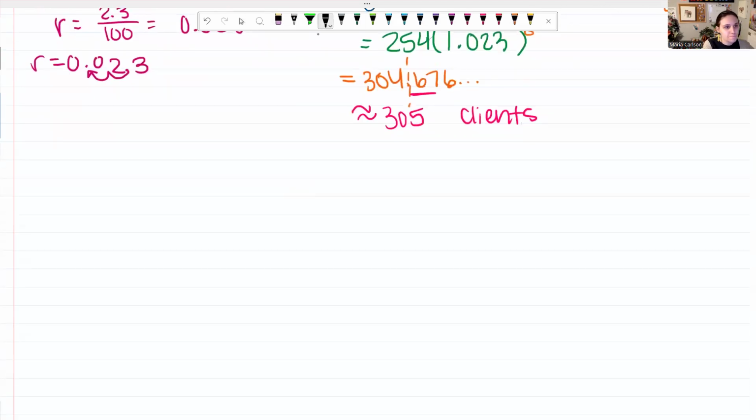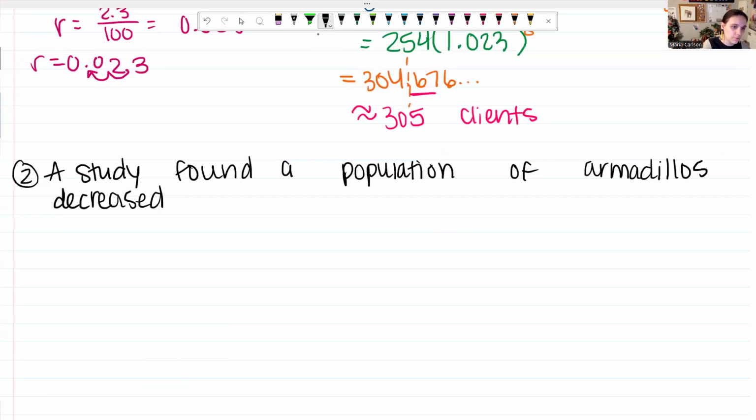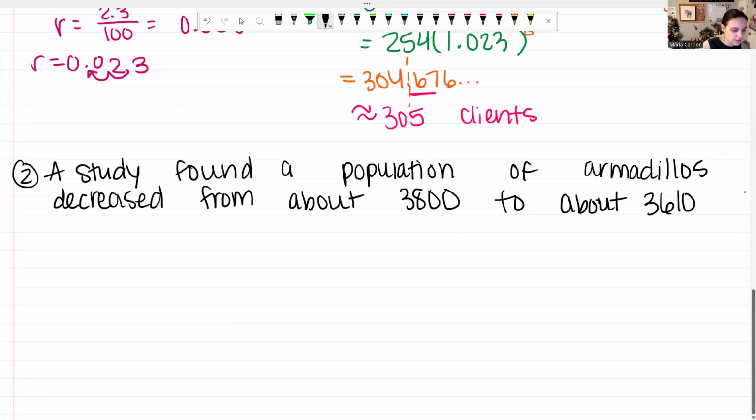All right, number 2. A study found a population of armadillos decreased from about 3,800 to about 3,610 in 1 year.